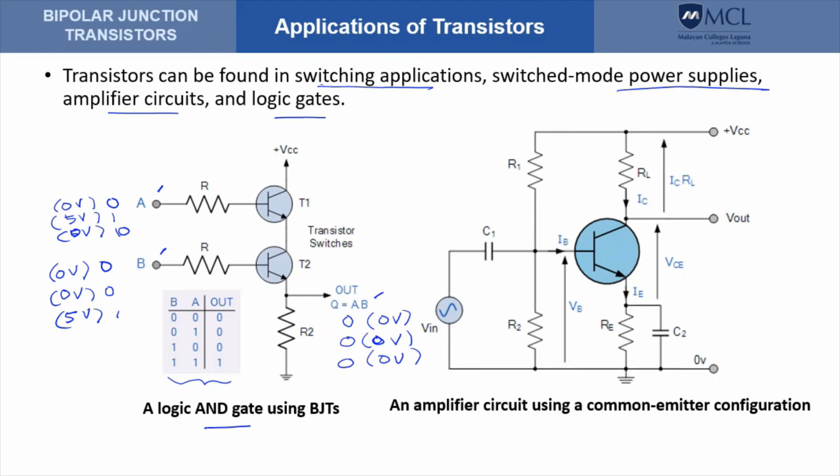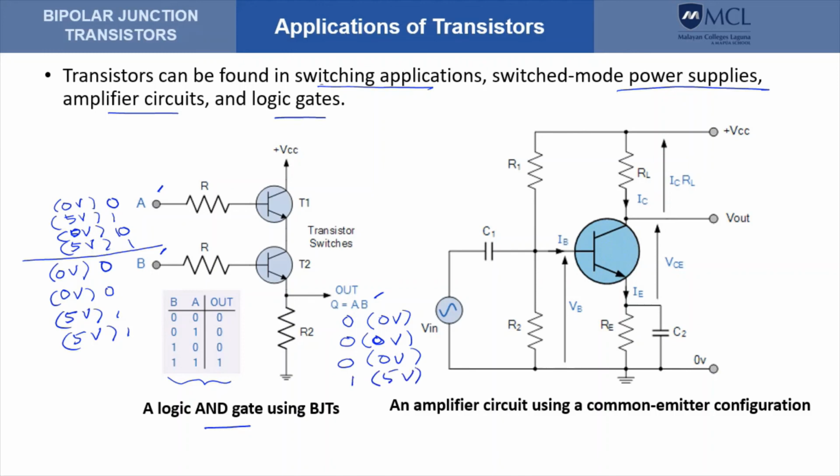Finally, if my input to A is 5 volts, so that is a 1, and for B it is also 5 volts, it is also 1, and that's the time I will get an output that is a 1, or 5 volts.